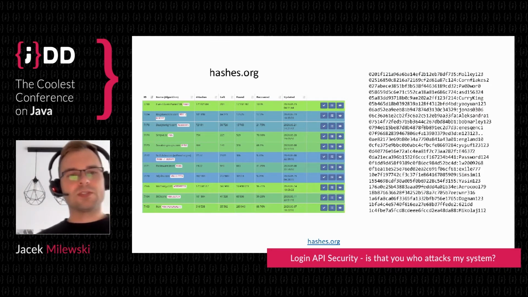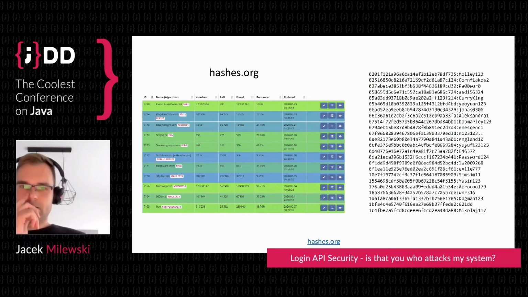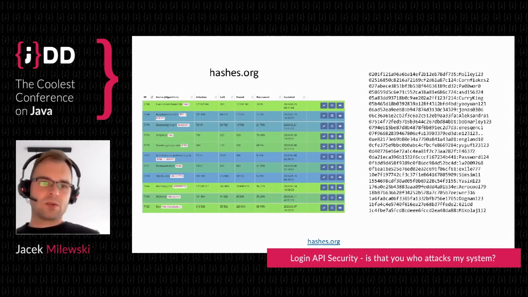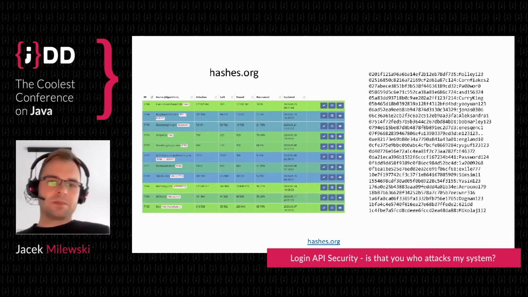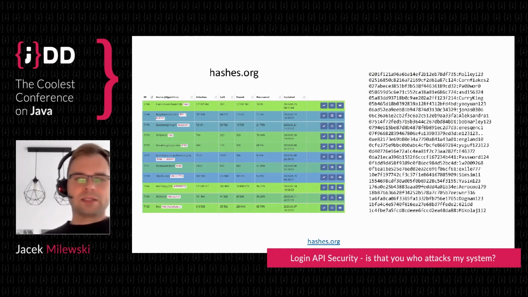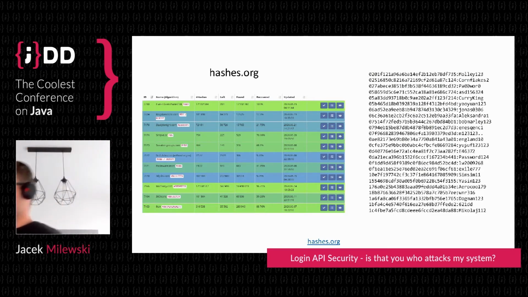However, on Hashes.org, on the left side, you can see the services that leaked their data, whether by an attack or some breach. This is the list of the services. And on the right-hand side, you see an extract from this service, right?